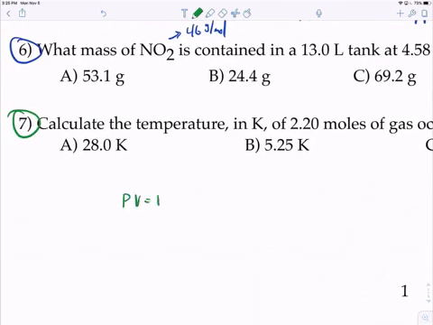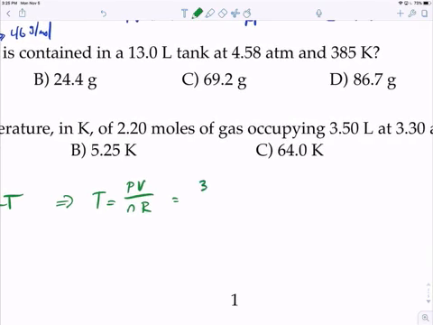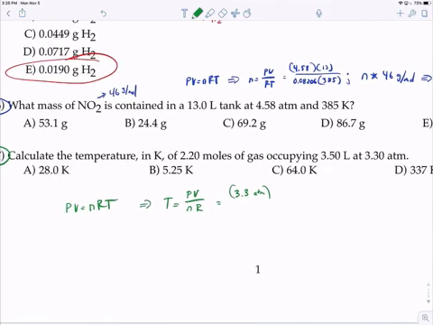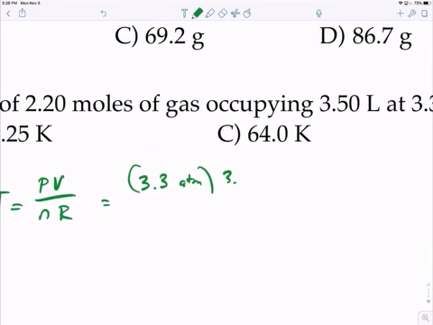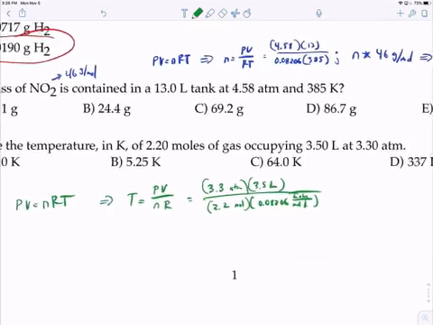So PV equals nRT, which implies temperature is PV over nR, which is equal to 3.3 atmospheres, 35 liters, over 2.2 moles, 0.08206 liter atmosphere per mole Kelvin, whatever that happens to be.